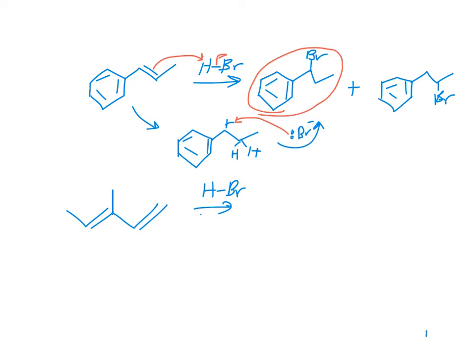And why is that? Because if we protonate at one of the middle positions, we end up with an isolated carbocation. If we protonate on one of the ends, we generate an allylic carbocation. So we generate a carbocation that has resonance, and so that makes it more stable. So we really only have 2 possibilities.